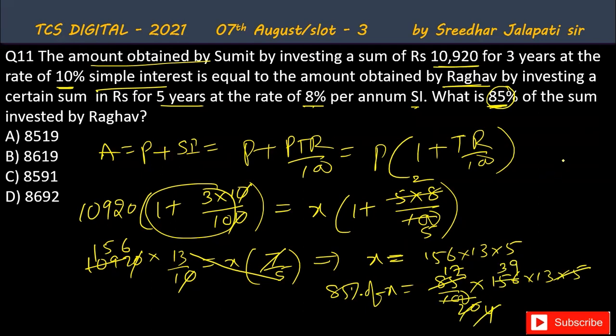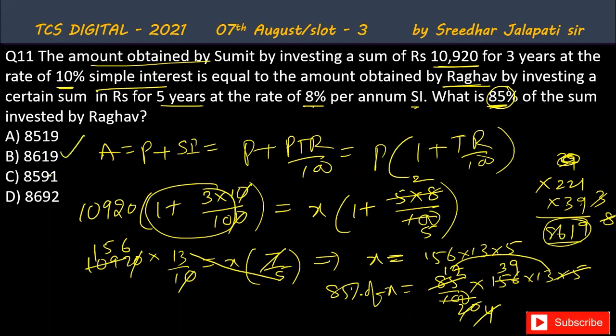So it is 39 into 17 into 13 is 221. So it is 221 into 39. If I simplify 39 once, 39, and 39 to 78 plus 3, 81, 39 to 78 plus 8, 86. So 8,619, that is option B.